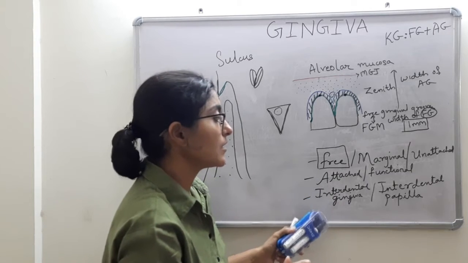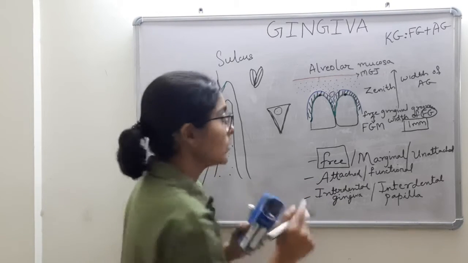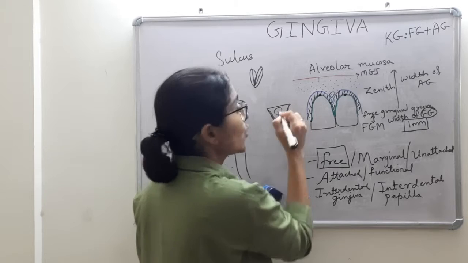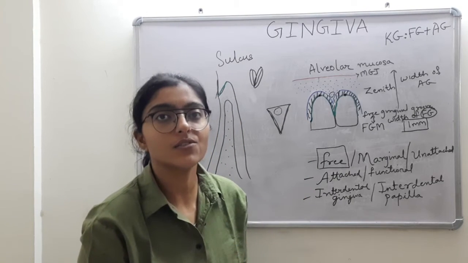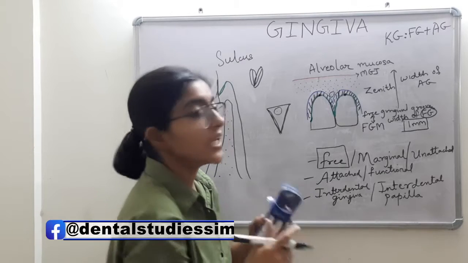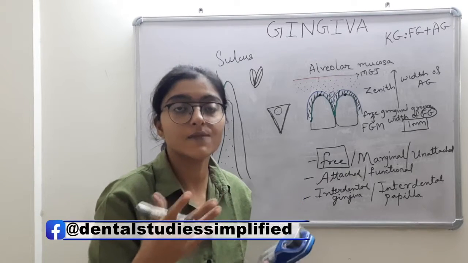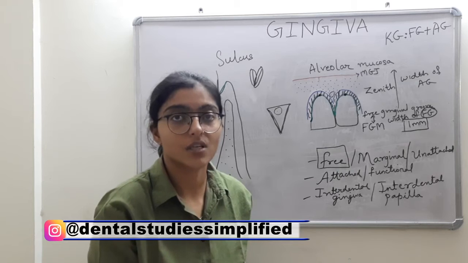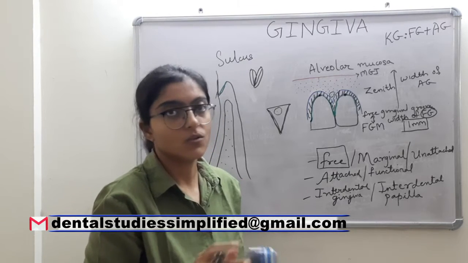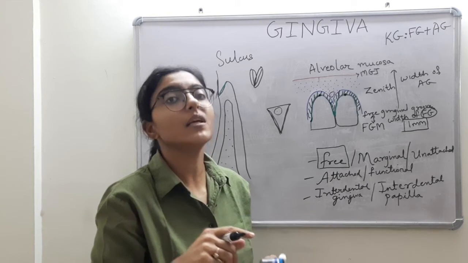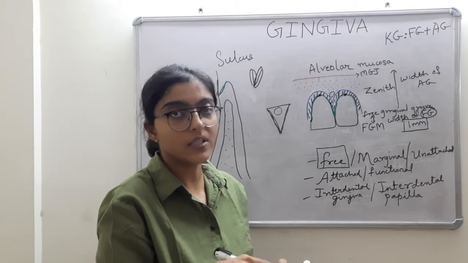So interdental gingiva is a mix of free gingiva, and the core is attached gingiva. There is one query whether interdental gingiva is stippled or not. See, stippling is because of being firmly bound to the underlying structures. Now tell me whether free gingiva is bound or not. No. That means there will be no stippling in free gingiva.